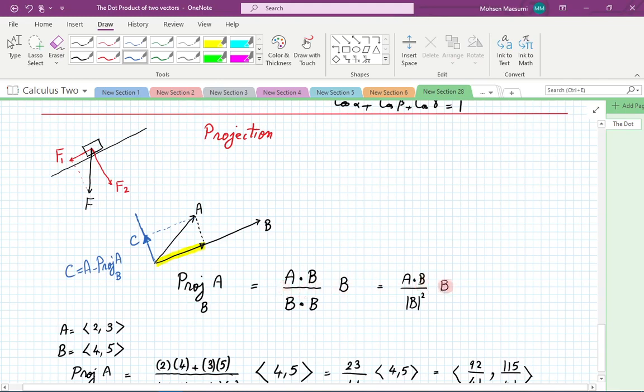We could have made another formula like this, but typically we just subtract and find out what the other component is. Okay, that is for the projection, and then of course you have a lot of applications of these ideas in physics when you are calculating work and such, but we are going to leave that for you.